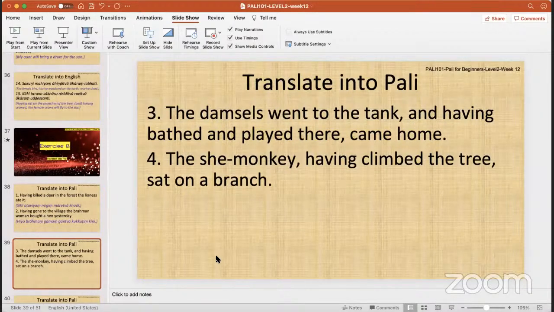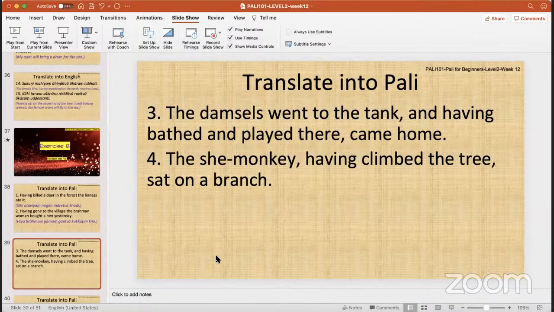The verb here is came home, and the past participle is bathed and played. Okay, two verbs in the past tense, went to and came home, and the past participles bathed and played. Went and came. Yes, they are Atita Kala verbs. Two verbs are there. So that means the damsels went to the tank, having bathed and played there.